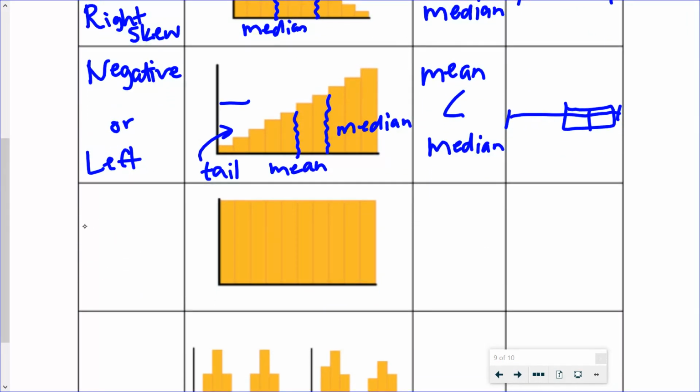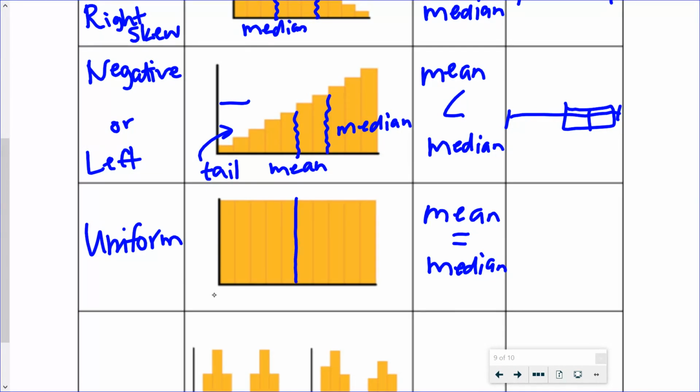Next, we have what's called a uniform histogram. And this is a situation where all of the data is at the exact same amount. This is super rare, but this is another situation where our mean is going to be equal to our median. We're going to find that exact middle, and that's going to be the point of the mean and the median.